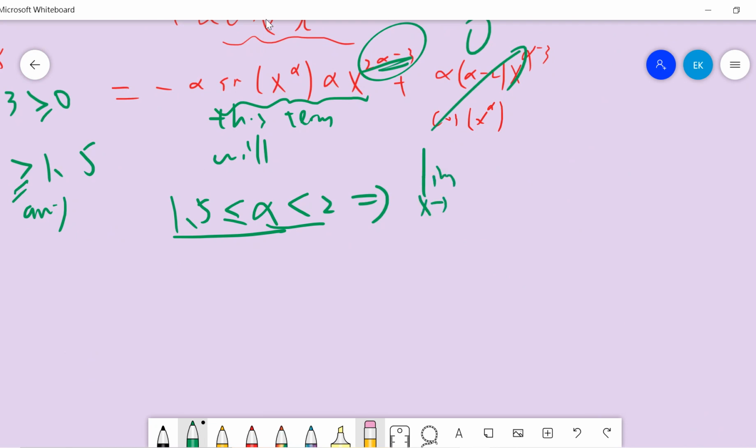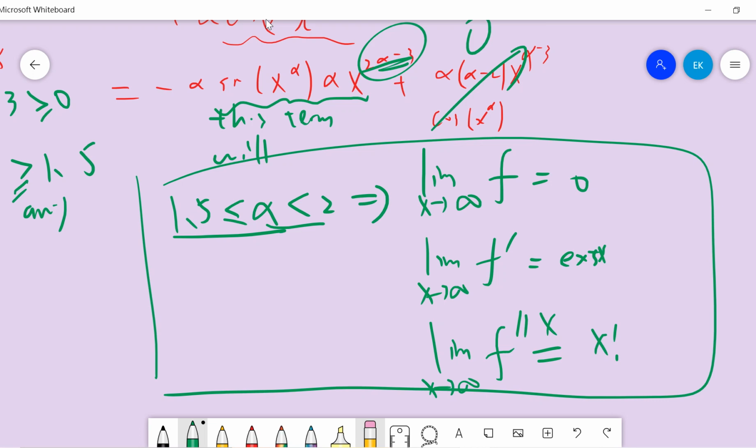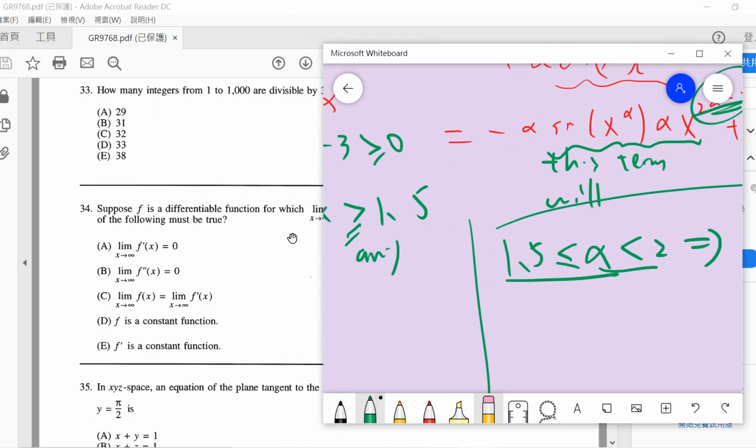The limit of f as x goes to infinity becomes 0, and f prime exists, but the limit of the double prime cannot exist. This way we construct infinitely many functions that satisfy these properties, and you can use Mathematica to show these results are correct. This problem is somewhat difficult to come up with examples for, but you can use the mean value theorem to say the answer is A. So that's it.